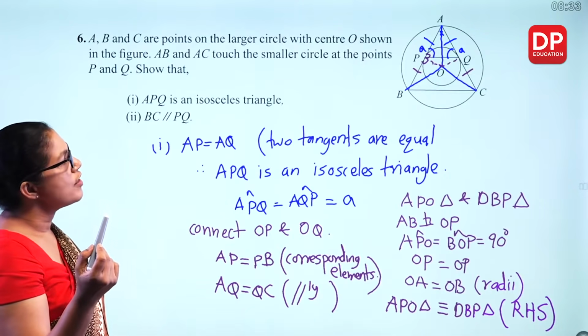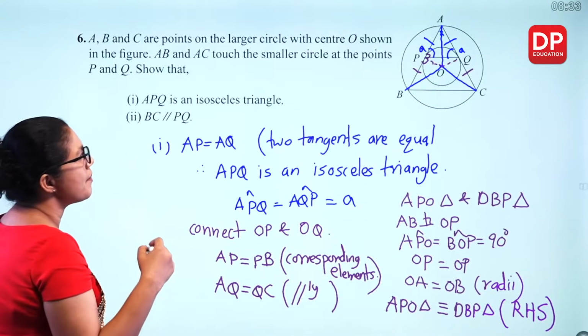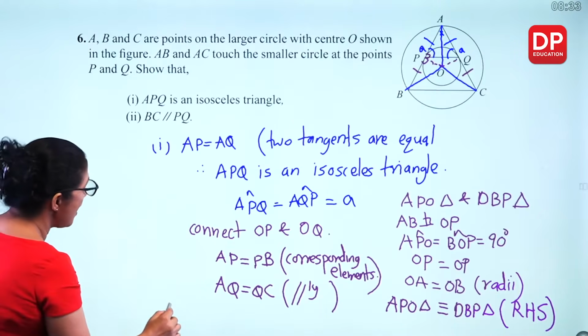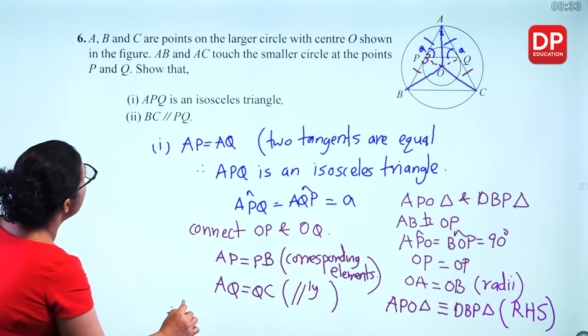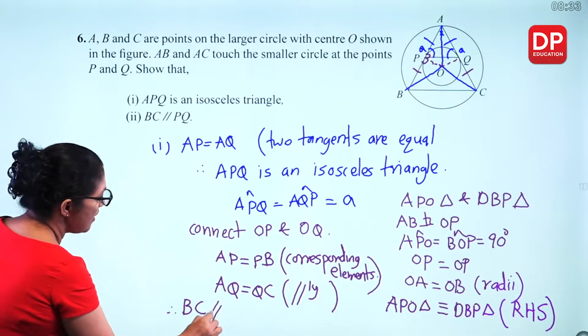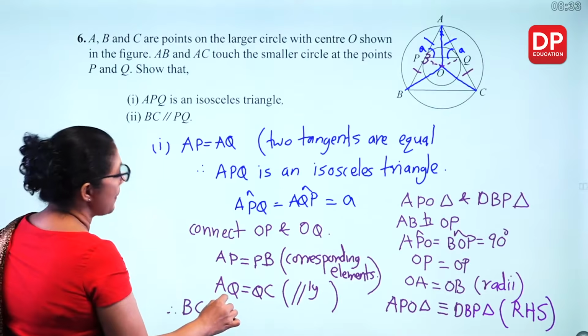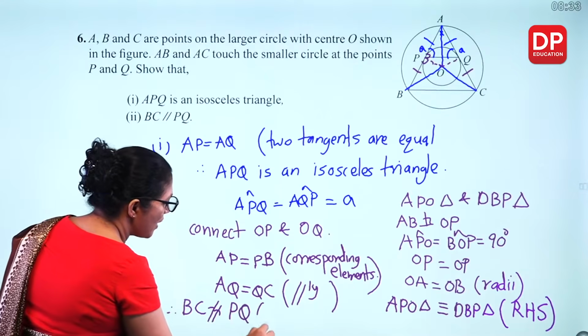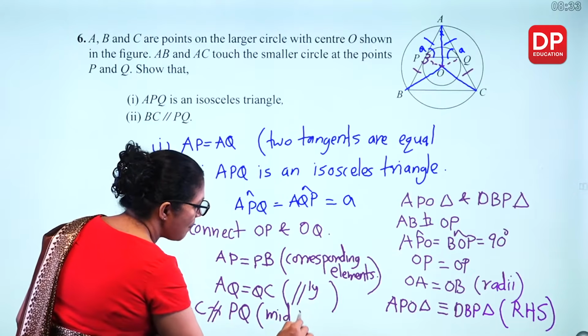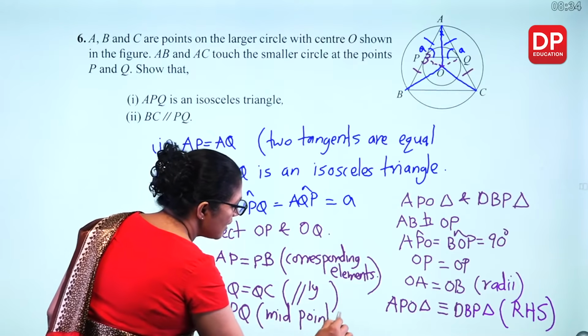So that's according to the midpoint theorem. So we can write down, therefore, BC is parallel to PQ because of midpoint theorem.